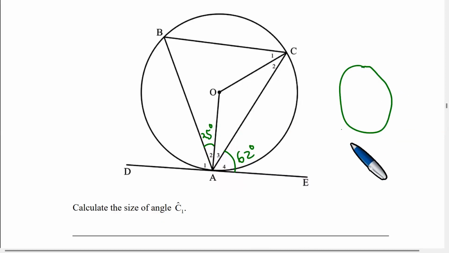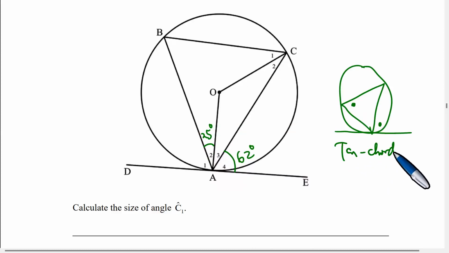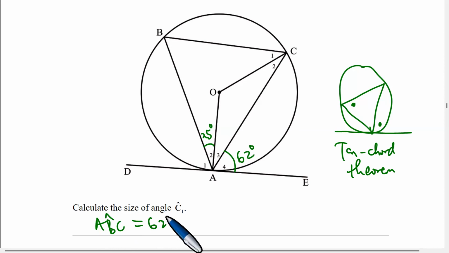If you have a circle with a tangent, the angle between the tangent and the chord is equal to the angle in the alternate segment. This is called the tan chord theorem. So angle ABC is equal to 62 degrees, which is the tan chord.